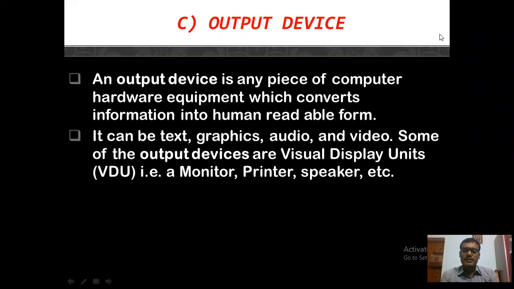It can be text, graphics, audio, and video. Some of the output devices are visual display units, monitor, printer, speaker, etc. Means after processing, the result which the computer produces is known as output, and that result is displayed on the monitor, or it can be printed with the help of a printer.